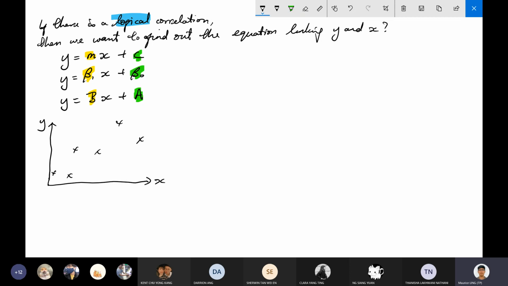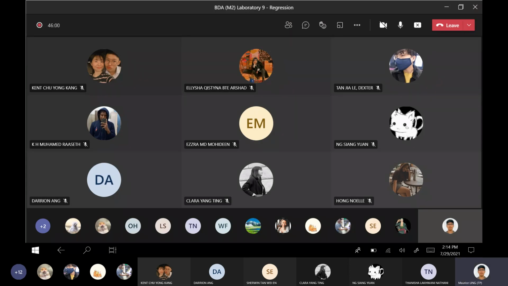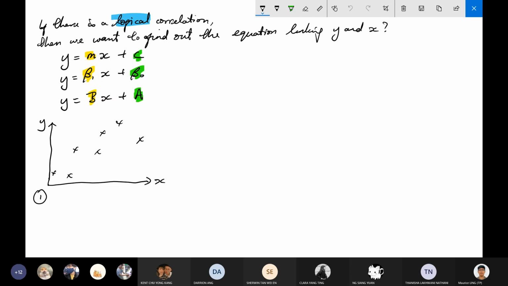So how do you draw your best fit line based on what you have learned in secondary school? What are the rules that you use? Anyone still remember? How do you draw a best fit line? What is the method that has been taught? Dexter? Anyone? Quick.